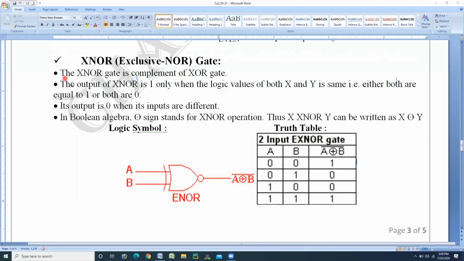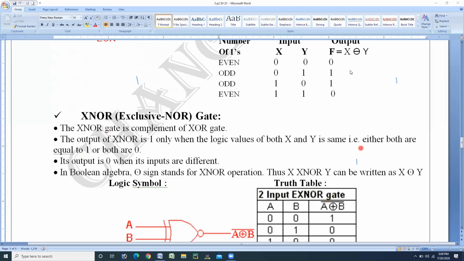The exclusive NOR gate, XNOR gate, is the complement of the XOR gate, exclusive OR gate. XNOR is a complement of XOR gate. Then second point. The first point you can again confirm. See here, 1, 0, 0, 1 you are getting in exclusive NOR gate.